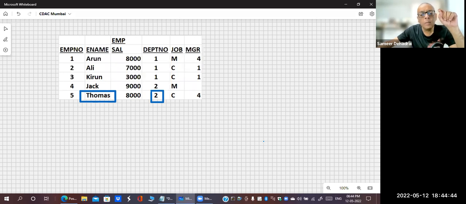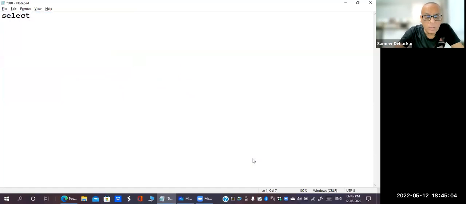Once we know it, then I can say select star from EMP where department number equal to that value will show me all the rows, same department number as Thomas.